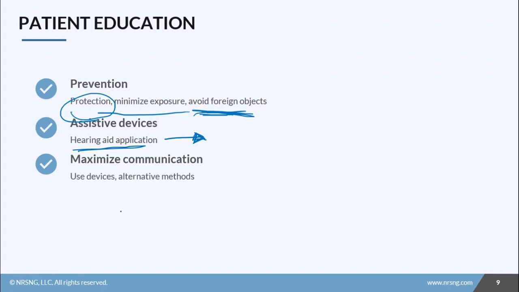We also want to be using devices to help maximize communication and alternate methods of communication if needed, like sign language, lip reading, and closed captioning on the TV, depending on their degree of impairment. And then the assistive devices would just be hearing aids or cochlear implants or whatever the provider prescribes.